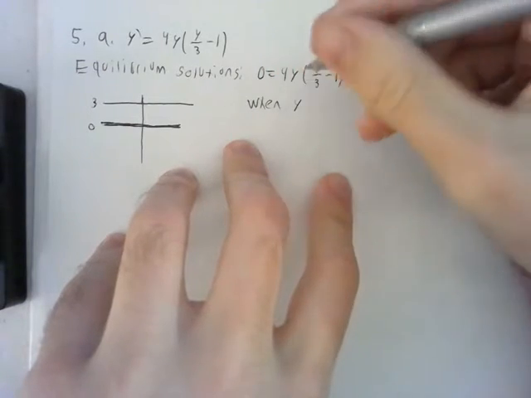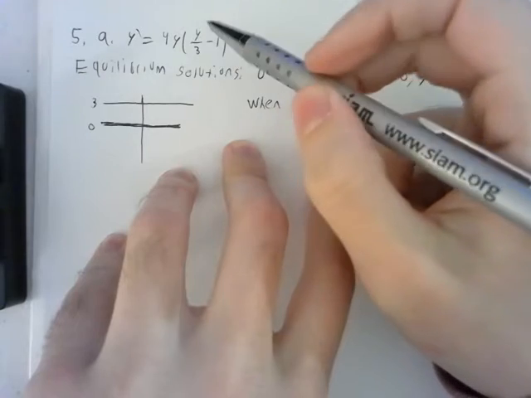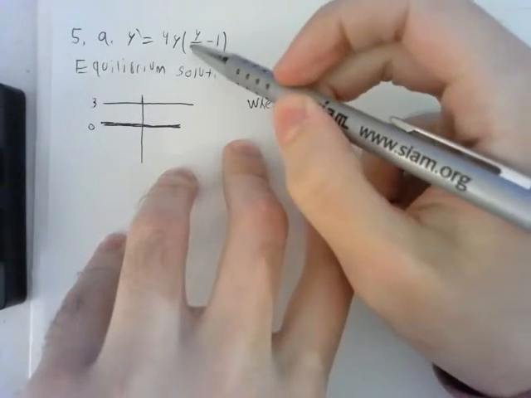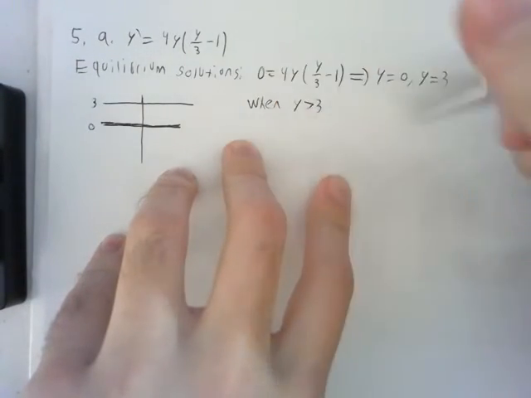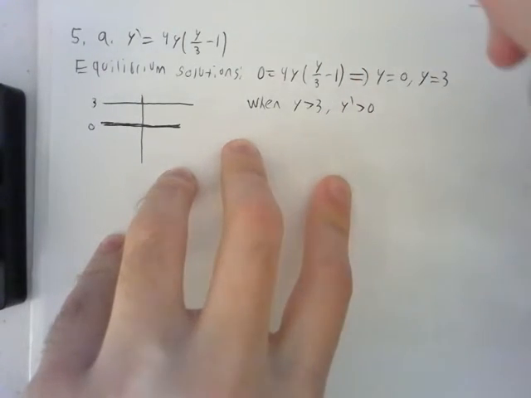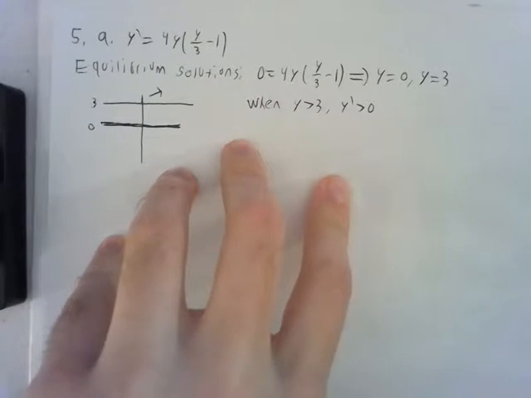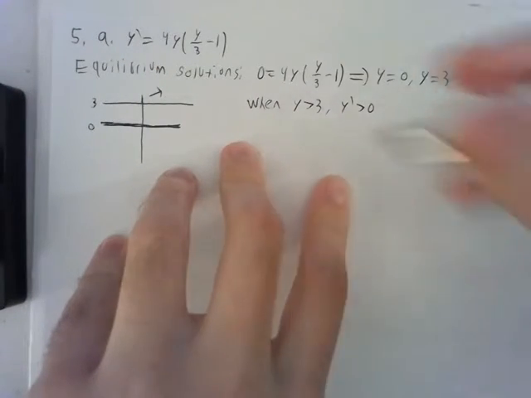When y is greater than 3, this y out front will be positive. This fraction will be bigger than 1, so that means this term will be positive. So overall y prime is greater than 0, so we can draw an arrow in here to indicate that y is increasing.